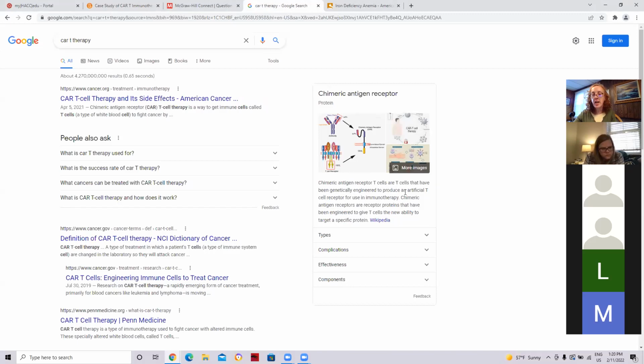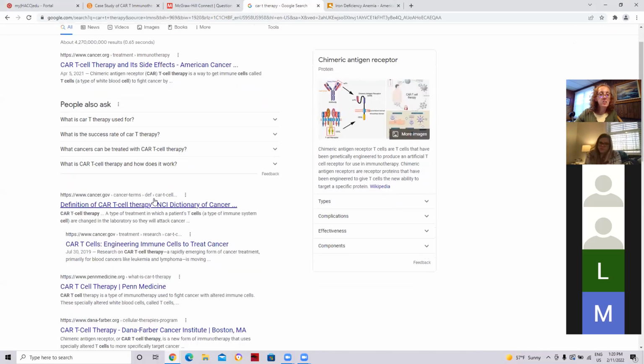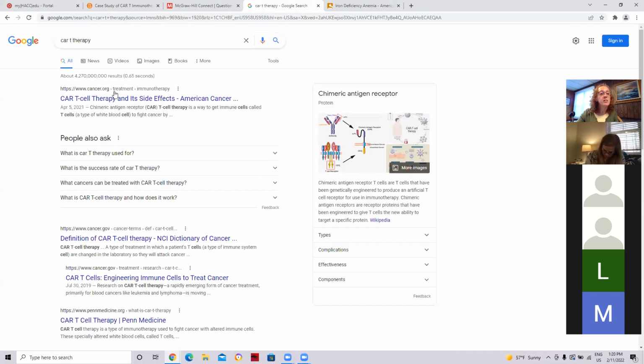That have been genetically engineered to produce an artificial T cell receptor for use in immunotherapy. Let's look somewhere besides Wikipedia, because sometimes Wikipedia may not be right. Let's look at cancer.org.